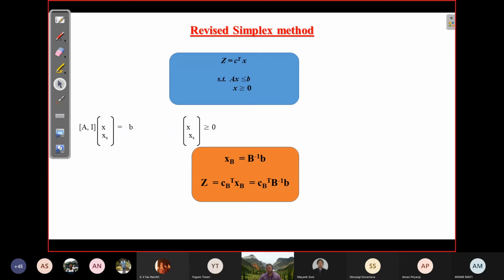So now we are trying to explicitly write the matrix algebraic form of simplex, so that you can correlate it with the tabular method. Currently we are working with very small tables, like only five or six variables and three or four constraint rows. But this table can become very big for real life problems.